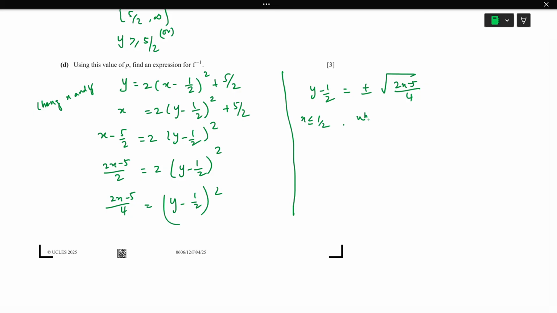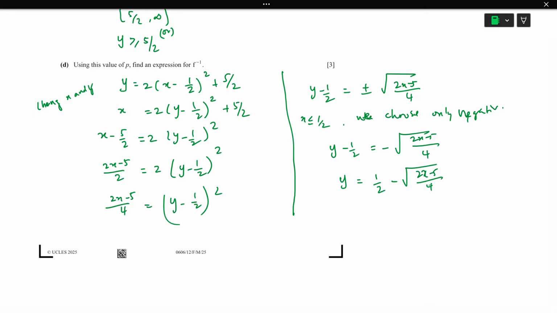So we choose only negative. So y minus 1 by 2 equal to negative of square root of 2x minus 5 over 4. So y equal to 1 by 2 minus square root of 2x minus 5 over 4. Okay, that's the final answer.